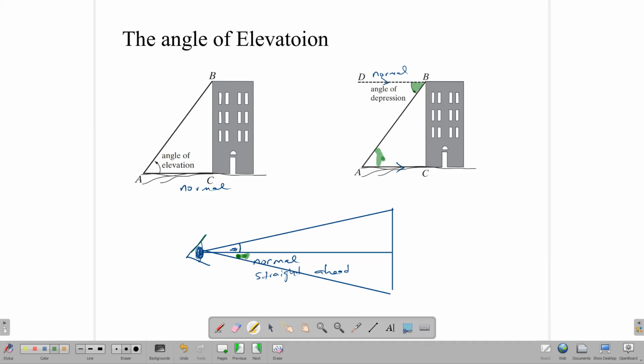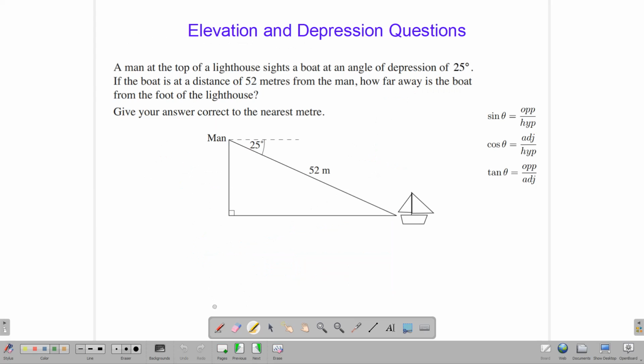And from what we remember, alternate angles are equal to each other. That is important to point out now, because they come up later on in our working out of questions. While working with angles of depression and sometimes elevation, we often come across Z angles or alternate angles, and alternate angles are equal to each other. So let's jump into some questions and see how we can work them out.